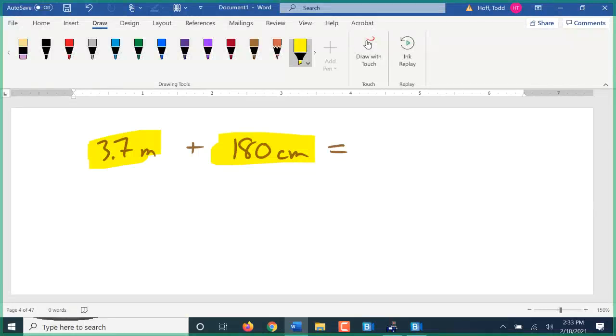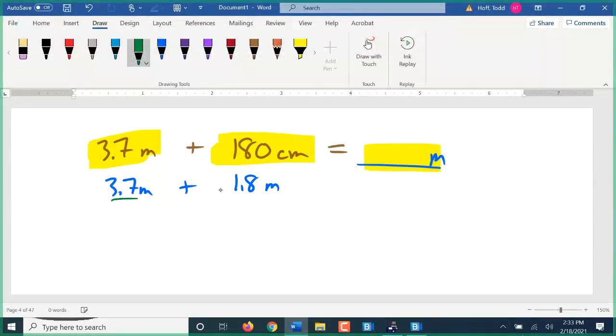Well, how do I know which one? I look at what I want my answer to be. If this asks for the answer to be in meters, then I'm going to change them both to meters. So the 3.7 meters will stay as it is. 180 centimeters will become 1.8 meters, and then we'll add 3.7 plus 1.8 is 5.5 meters.